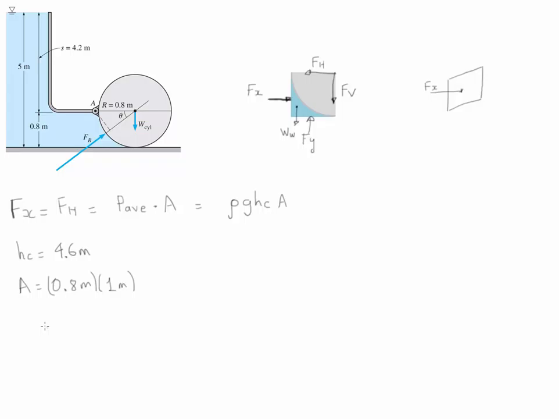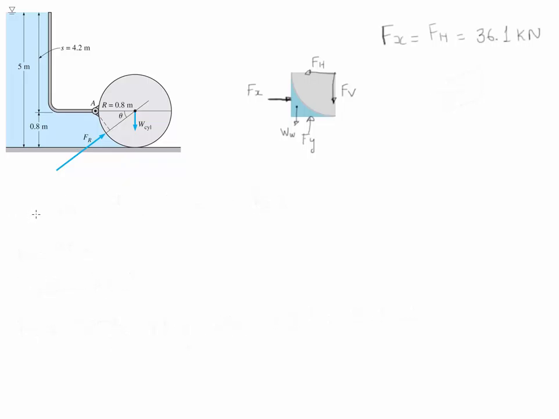So if we put all these values over here, we find that the value of Fx is going to be equal to 1,000 kilograms per meter cubed times 9.81 meters per second squared times 4.6 meters times 0.8 meter squared, and that gives us a horizontal force equal to 36.1 kilonewtons.